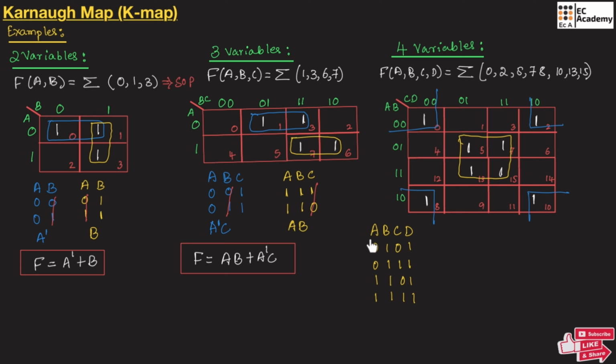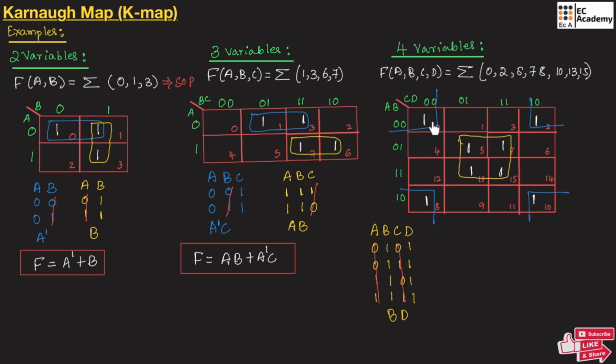As you can observe here, the variables A and C have different values. So we cancel out those two and are left with B with value 1 and D with value 1. So we write BD, since both B and D have the value 1.